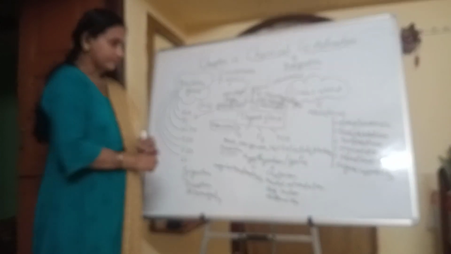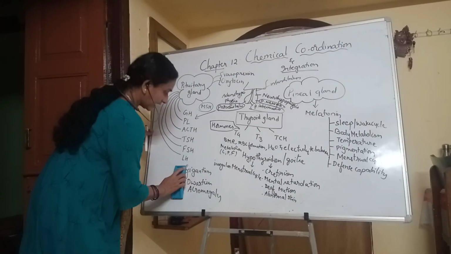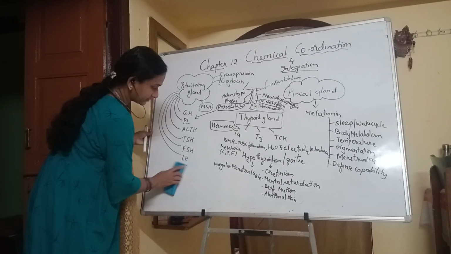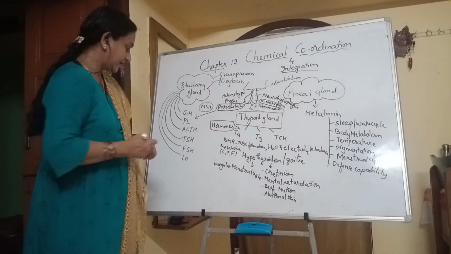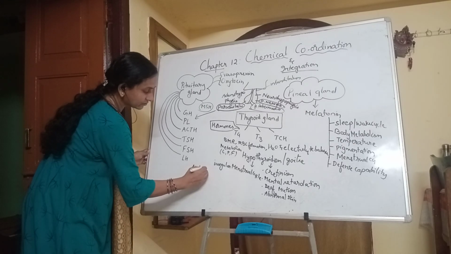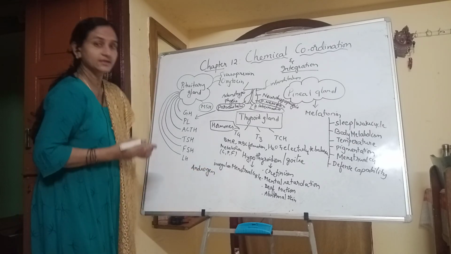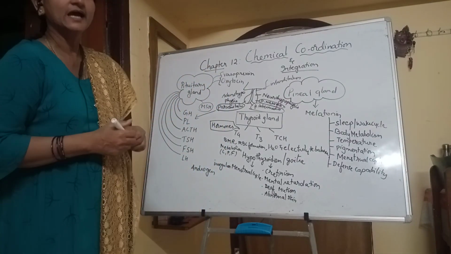Now the follicle stimulating hormone and luteinizing hormone, you have to understand how they function in a male or a female. In males, the luteinizing hormone releases the male hormones called androgens. I repeat, LH in males helps in releasing the male hormone androgen.